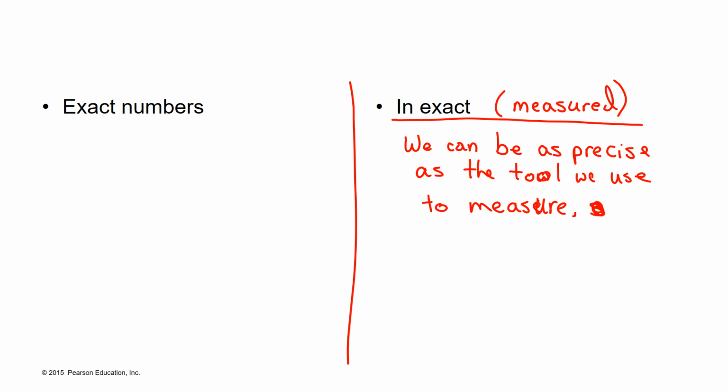So in this classroom, I have two different scales that we'll use from time to time. All the scales that we use are digital scales. So I have this digital scale, and it only measures to 1 decimal place. That's only as precise as it can be. So if I put something on here, it'll say like 5.3 grams.